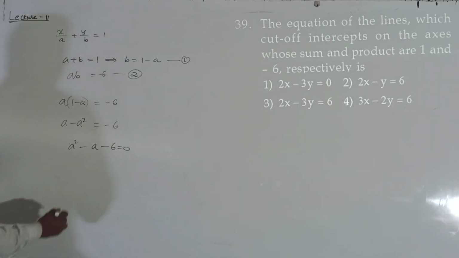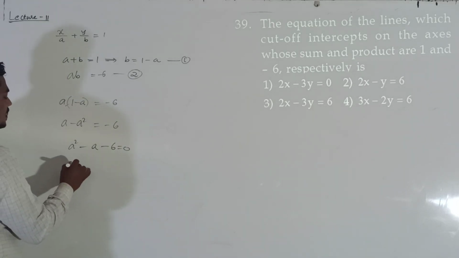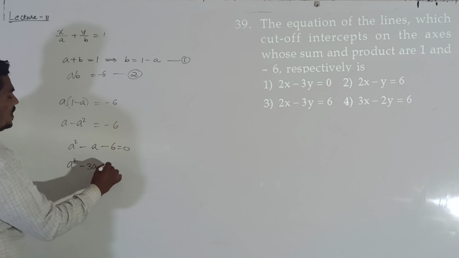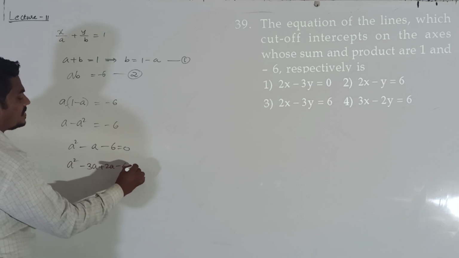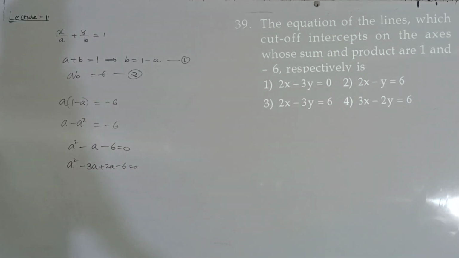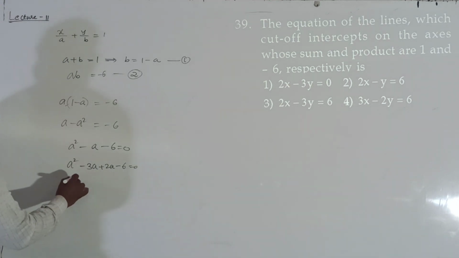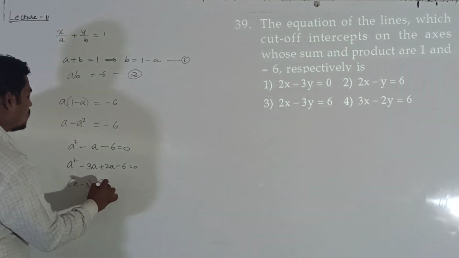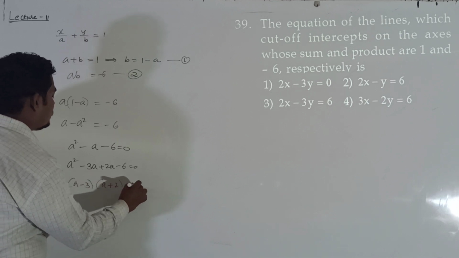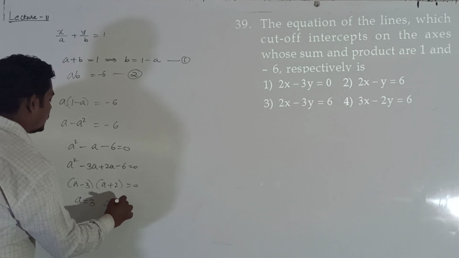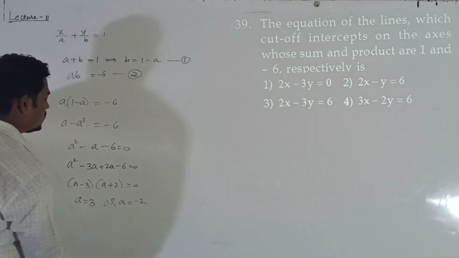Then simplification: a square minus 3a plus 2a minus 6 equal to 0. The two numbers are minus 3 and 2, so the factors are (a minus 3) into (a plus 2) is equal to 0. So a equal to 3 or a equal to minus 2.